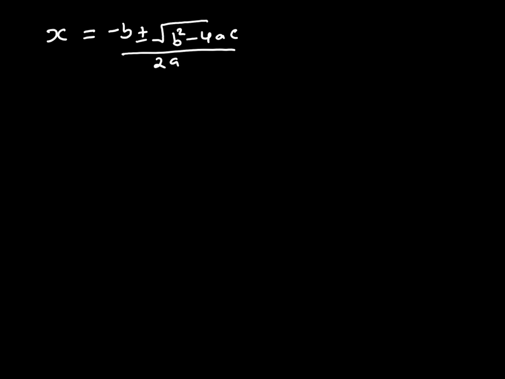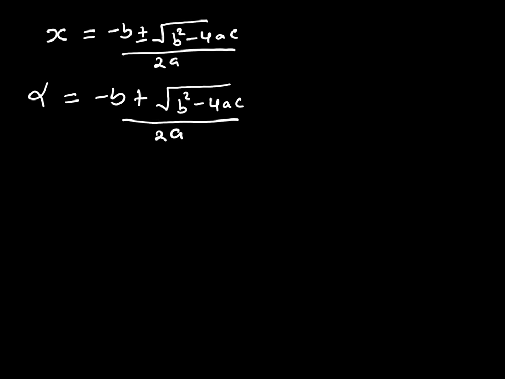So this formula, if we substitute the coefficients of any quadratic equation, it will always produce two x values. One x value, let me call it alpha, is equal to minus b plus the square root of b squared minus 4ac divided by 2a.